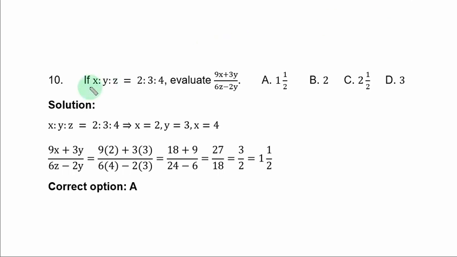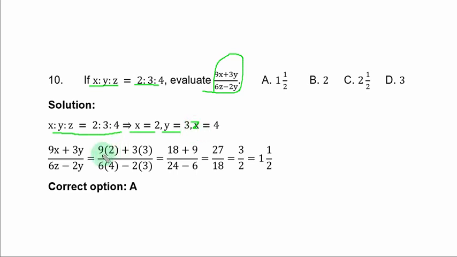Question 10. If s ratio y ratio z is equal to 2 ratio 3 ratio 4, evaluate 9s plus 3y over 6z minus 2y. The given ratio simply implies that s is equal to 2, y is equal to 3, and z is equal to 4. So you replace them in the expression.